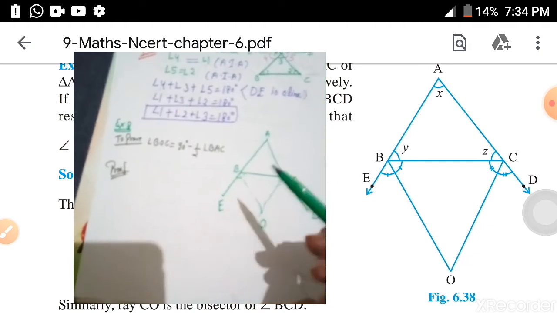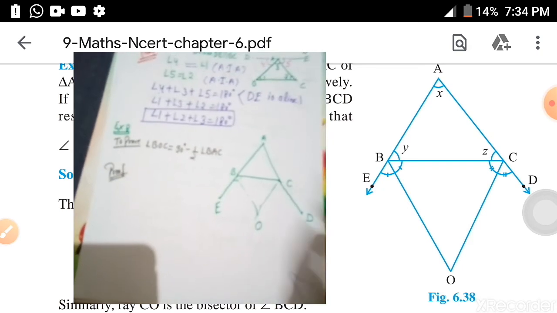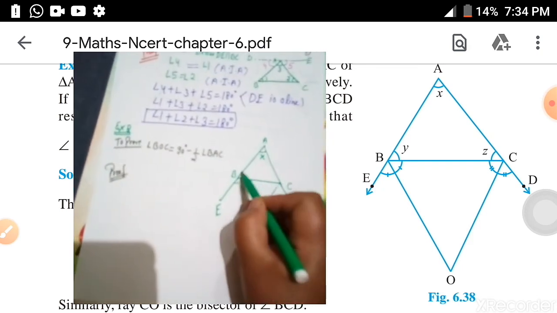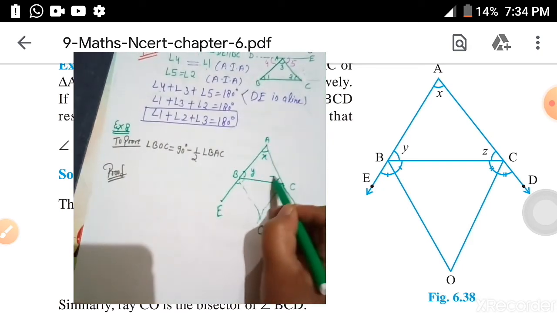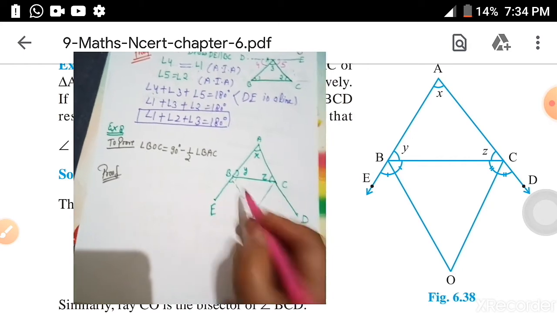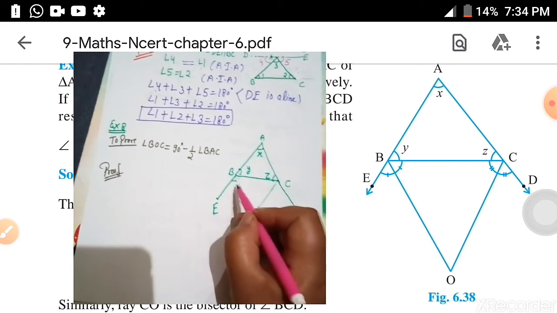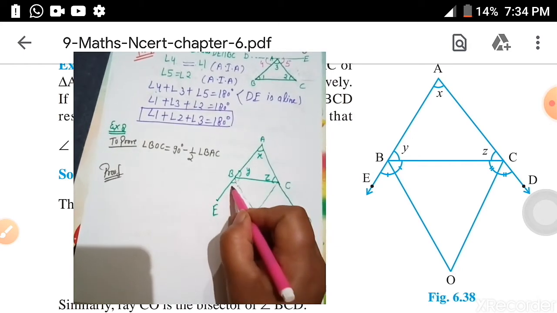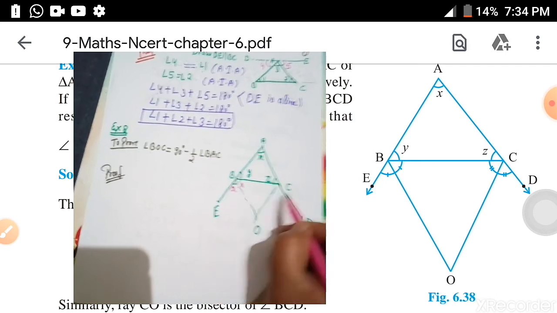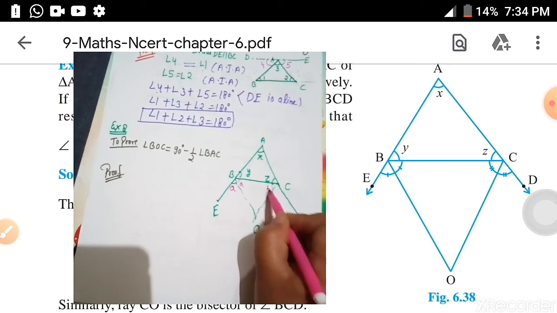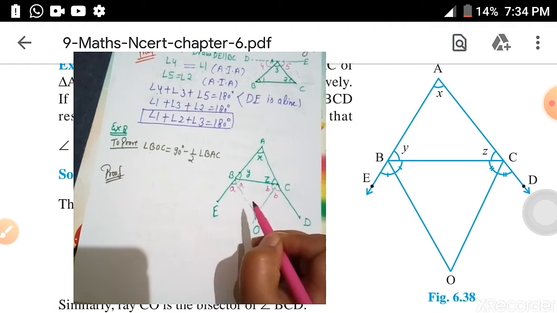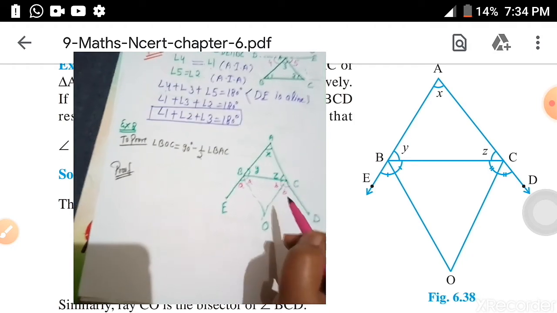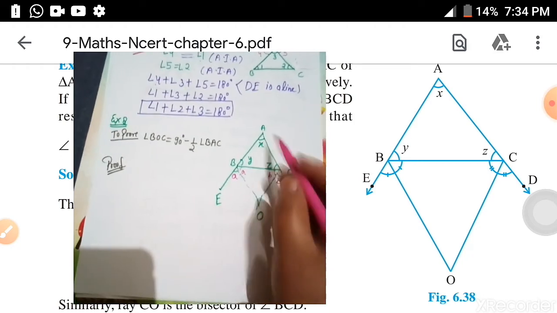For that you can see in the question that we have mentioned X, Y and Z. Now as we know that this is the angle bisector line, we can assume it as A, that means it is 2A, and similarly this is B, which means 2B. Now we will apply the exterior angle property in this triangle.